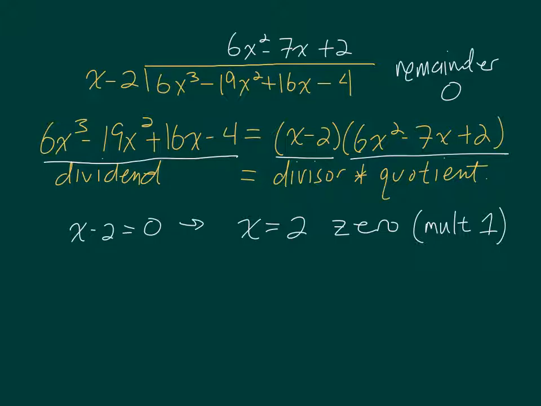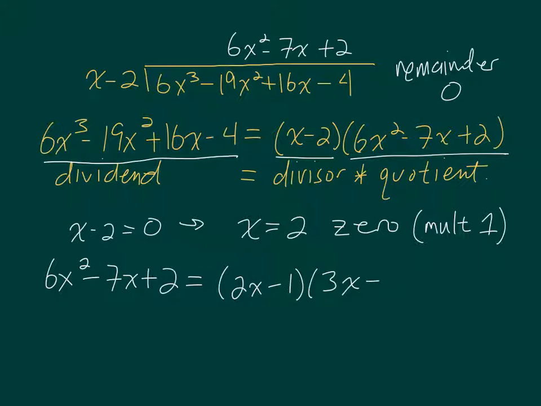Then we can take a look at this second part, our quotient, and we know that that is 6x squared minus 7x plus 2. And that factors nicely into 2x minus 1 and 3x minus 2.